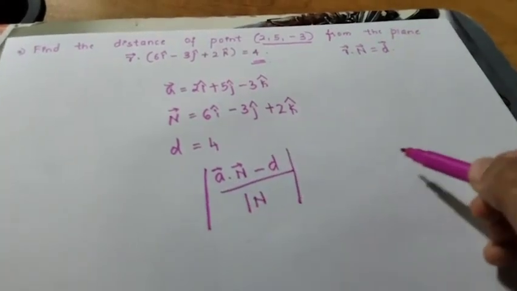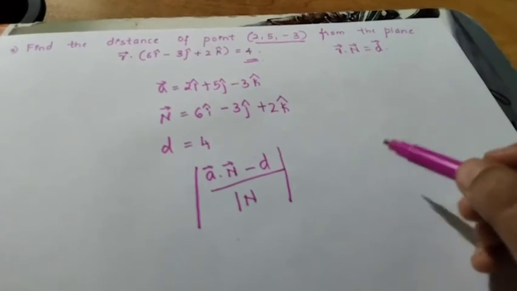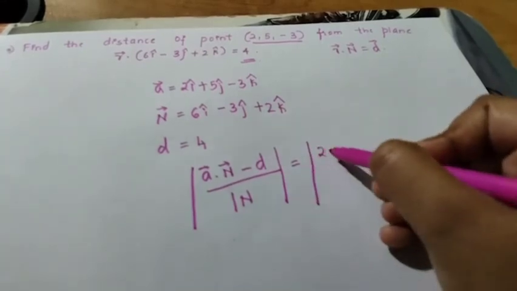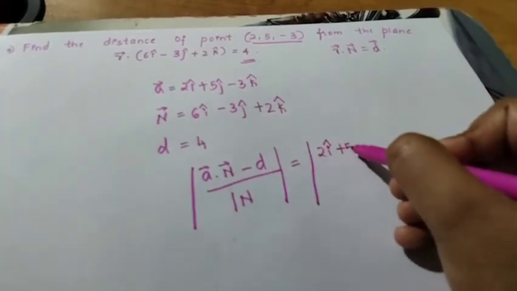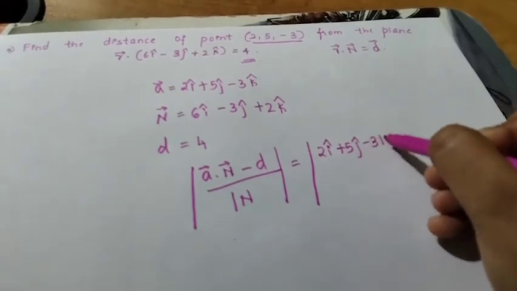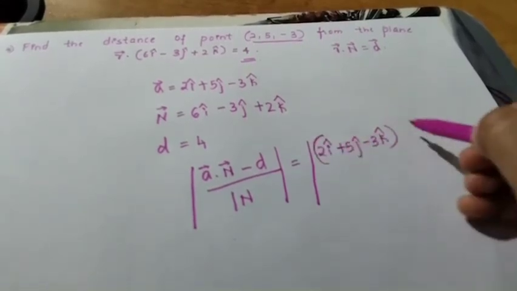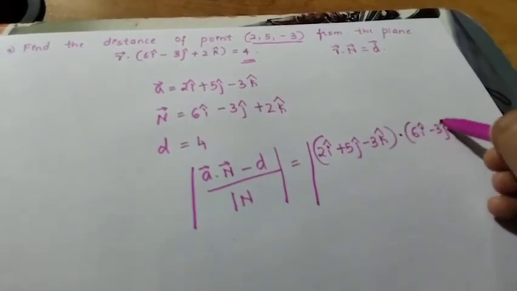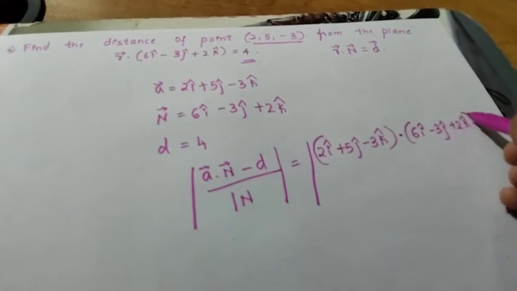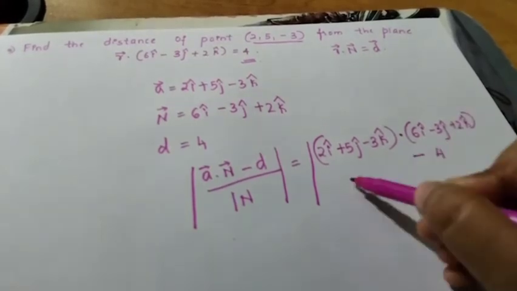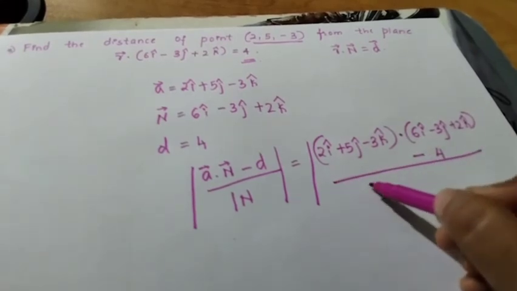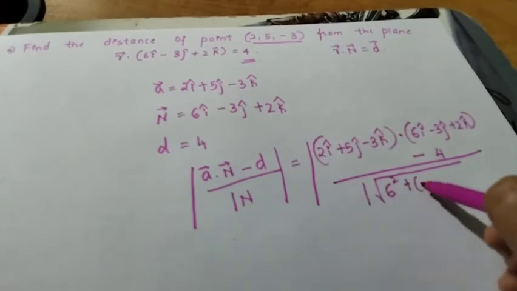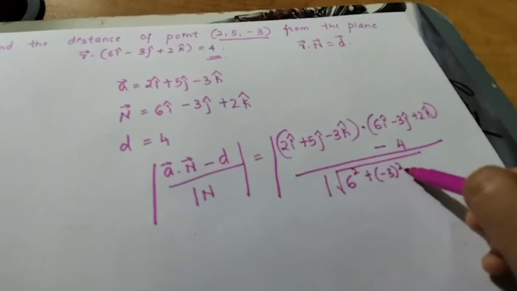This is the vector equation; in Cartesian it comes in a different way. So if I want to solve this equation, the modulus of a is 2i plus 5j minus 3k, dot product with n, which is 6i minus 3j plus 2k, minus d, which is 4, divided by the modulus of n, that is the root of 6 square plus minus 3 square plus 2 square.